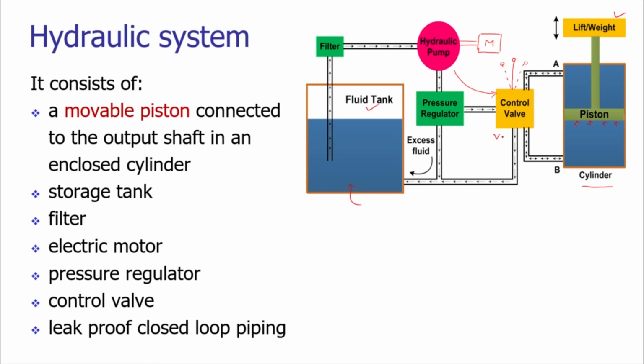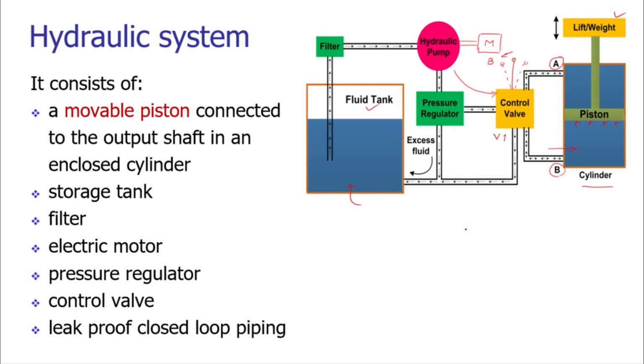So let us consider control valve V1 is at its normal position, that is the closed position. So there is no fluid flowing in port A, and there is no fluid flowing in port B. If you want to raise the load, you can just operate the valve to open the port B. As you open port B, the fluid is flowing at this side, and we can lift or raise the load.